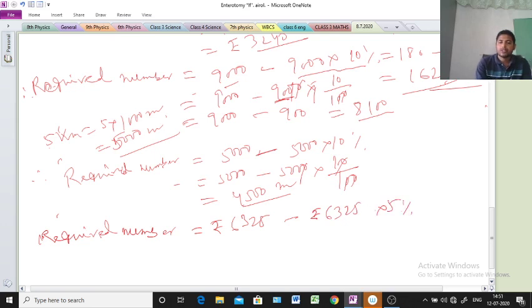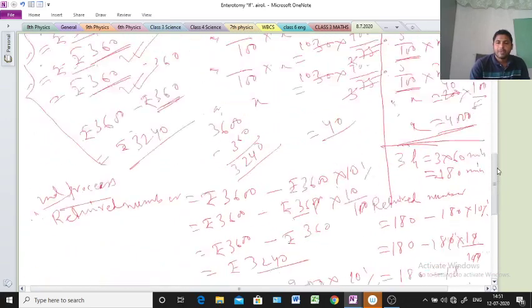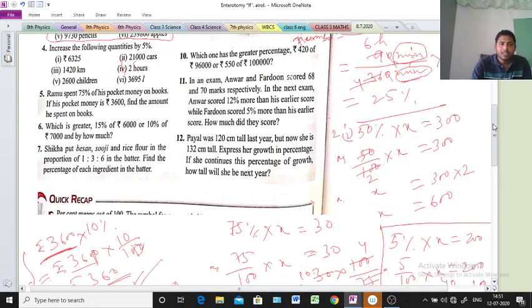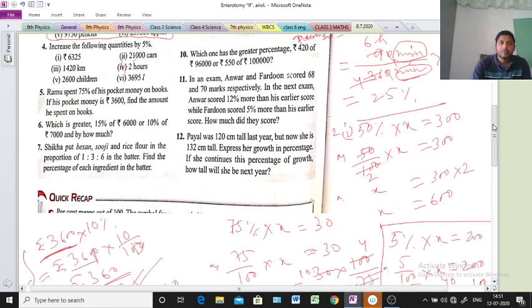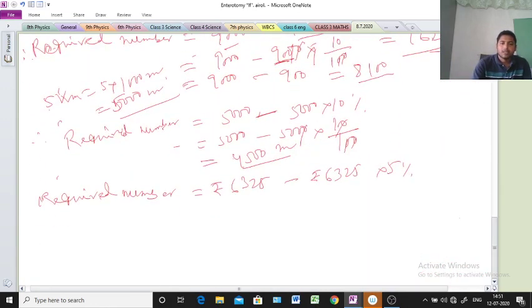Concept clear? 6325 is given in the question, and it is increasing by 5%, so that will be plus. For decrease minus and for increase plus. Concept clear? Okay, so now we'll calculate.